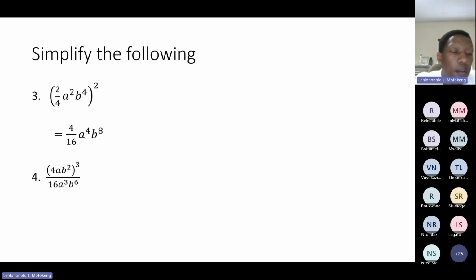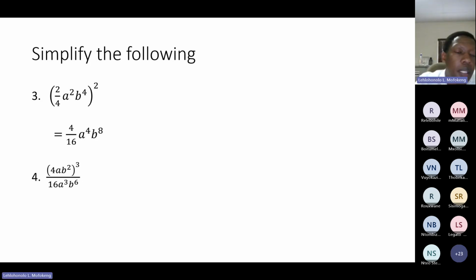And then if you raise a to exponent of 2, to exponent 2, you'll get a to exponent of 4 because we multiply exponent 2 in a by exponent 2 outside the bracket. Also, b to exponent of 4 must also be raised to 2.